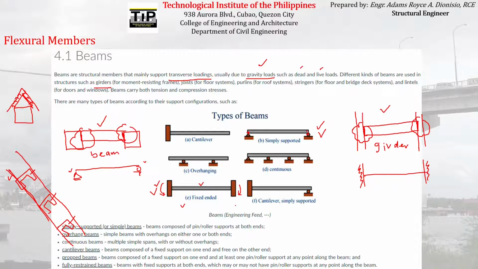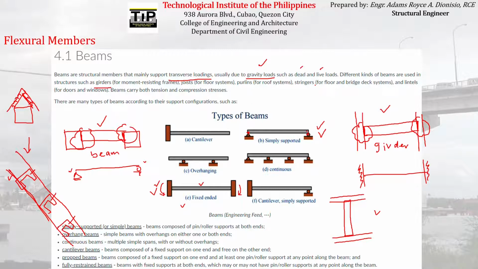'Pag tinignan mo sa top view 'yan, parang ganito ang itsura niyan. Para siyang beam lang, tapos meron siyang mga support dito, whether truss or another beam. So, parang beam din ang model natin sa mga purlins. Top view niya ganito itsura, okay.